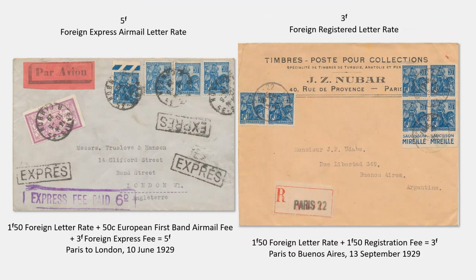But what needs to be explained, of course, with the early airmail rates, is that France devised these bands. I think there were four European bands, depending on the distance from Paris outwards, a bit like the rayon of earlier years. And on the right-hand side, a foreign registered letter rate, going to Argentina, and you've got there your £1.50 registration fee, plus your £1.50 foreign letter rate, and now we've reached 6 stamps.